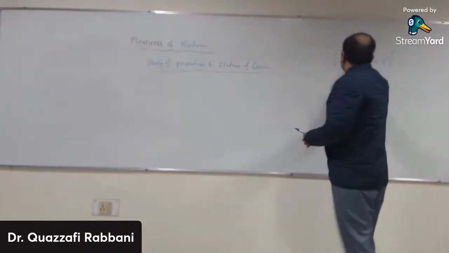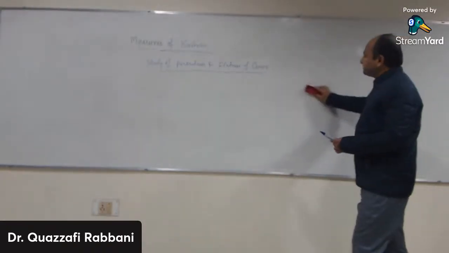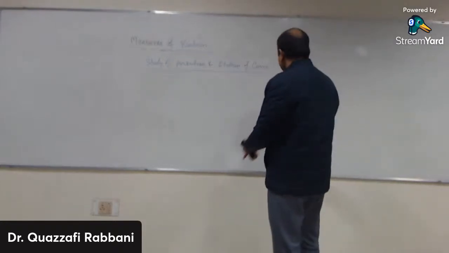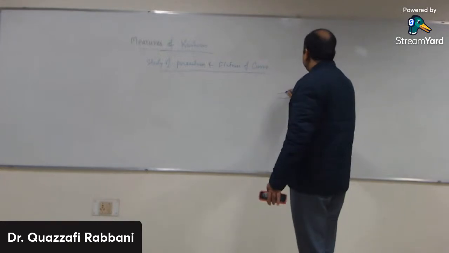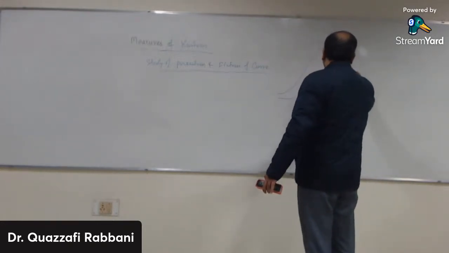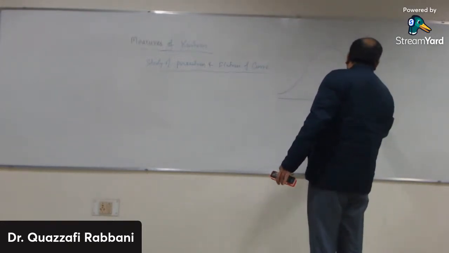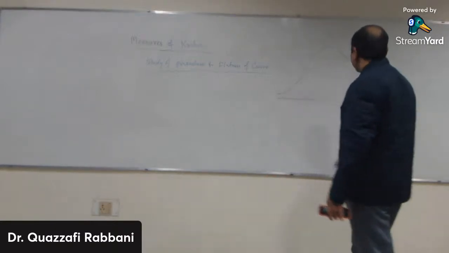So just see the graph. Suppose this is the symmetric, or you can say normal, curve.